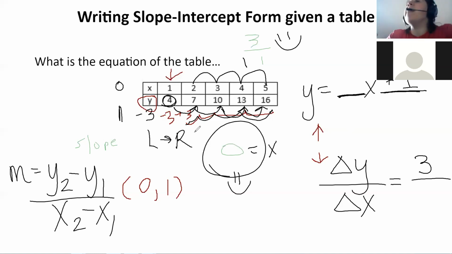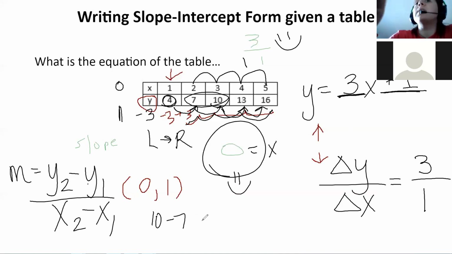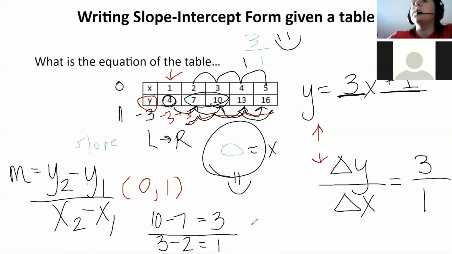But every time you're adding 1. So it's a 3 over 1 slope, which is just 3. You could also use this formula. So you take 2 y's and subtract them. So let's take 10 and 7. 10 minus 7 is 3 over the 2 x's they matched up with. 3 minus 2. So you get 3.